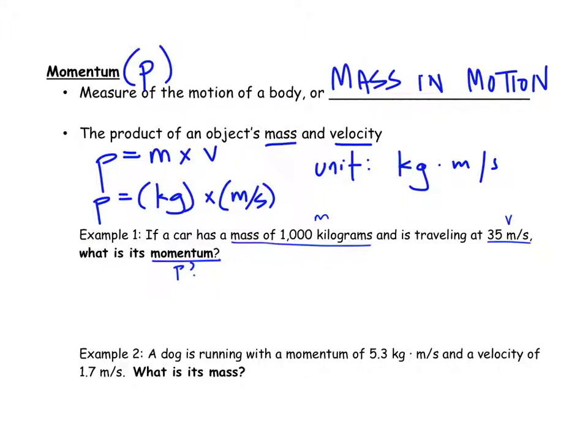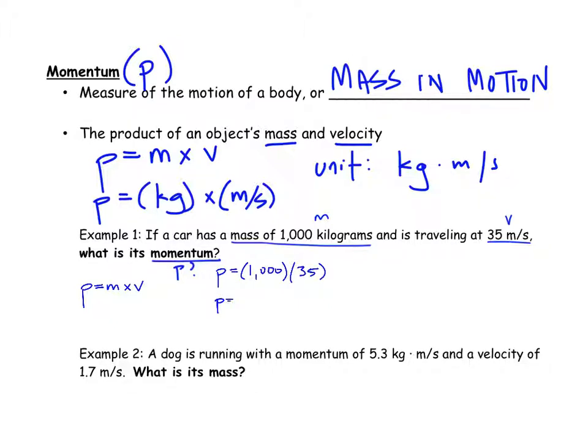So, according to our equation, momentum is mass times velocity, or simply mv. If I'm solving for momentum, I know that I'm solving for p. The mass is given to me. It says that it's 1,000 kilograms, and it is moving 35 meters per second, so the velocity is 35.